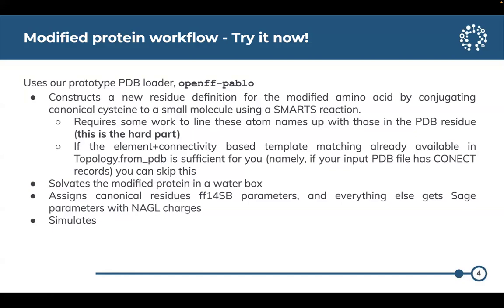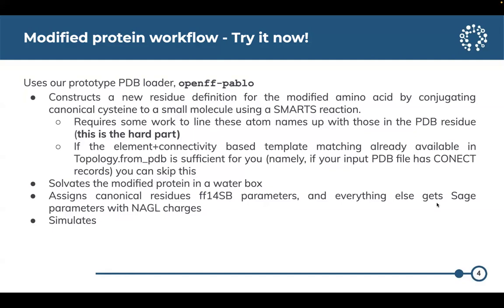We can simplify this down and handle a lot of the stuff behind the scenes where we're assigning the canonical residues FF14SB parameters, that's valence parameters, non-bonded charge, everything, just vanilla FF14SB. But then for modified residues, we assign them SAGE parameters, and we give those NAGL charges.